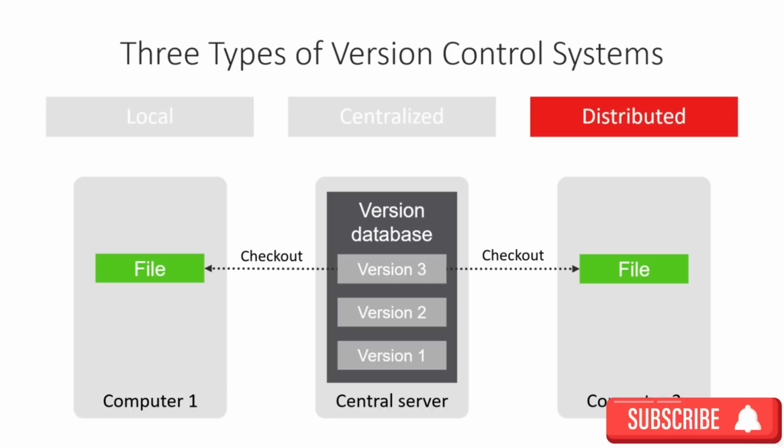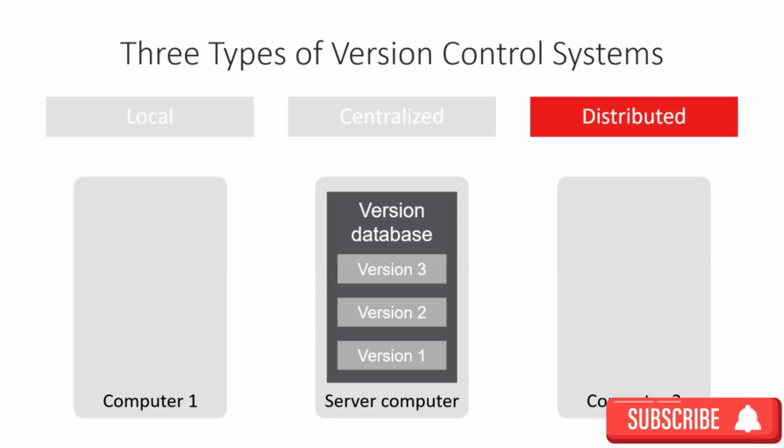In a distributed version control system, you have also a server, but let's call that not central server, but instead server computer. It is just another computer that has the version database. Now, on the client computers, you don't check out a single version of the source code.